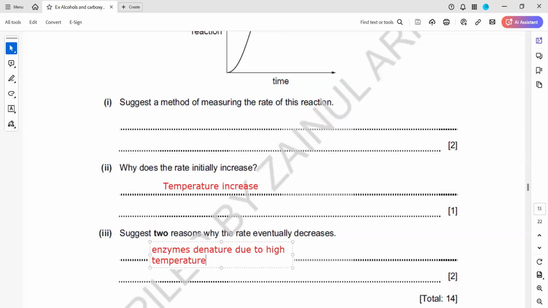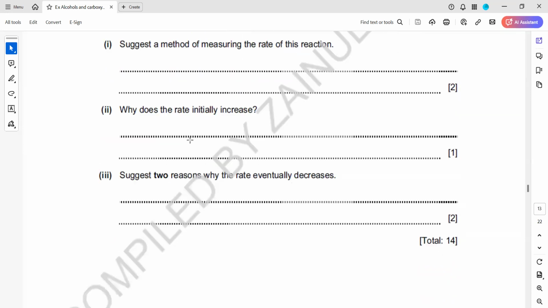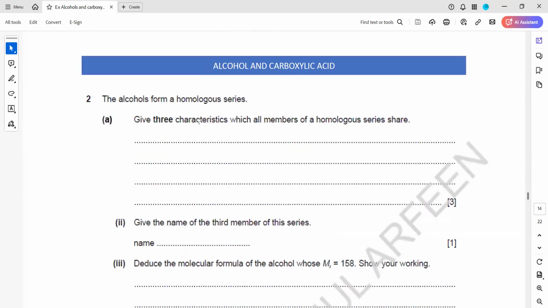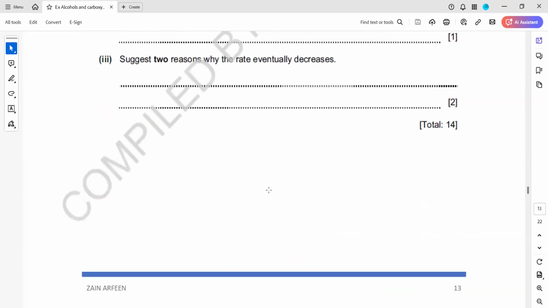That is one reason. And what is the second reason? That glucose might be used up. So this was question 1.